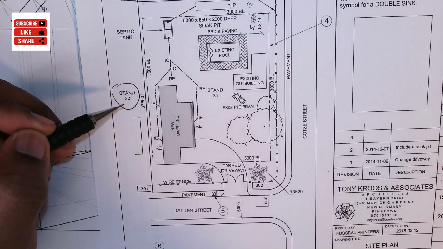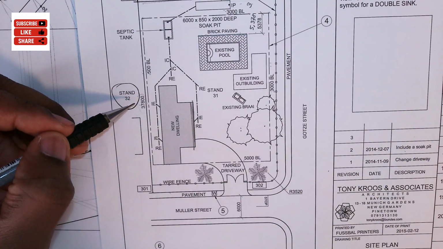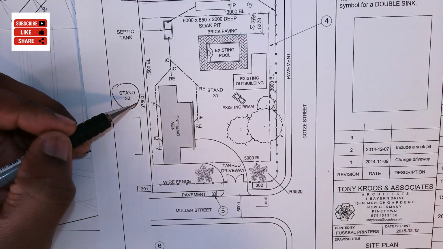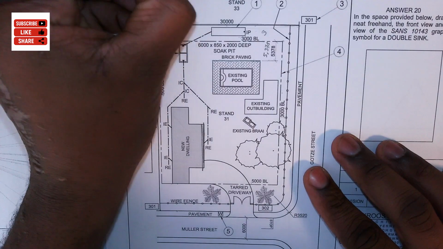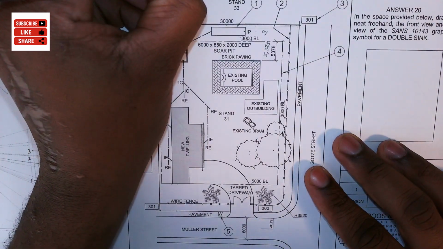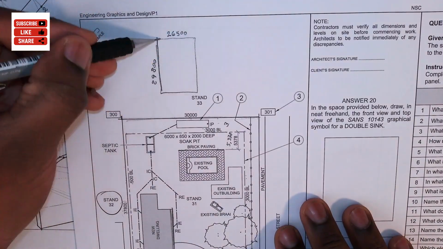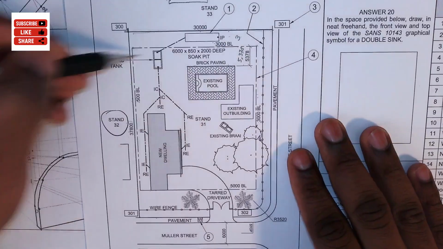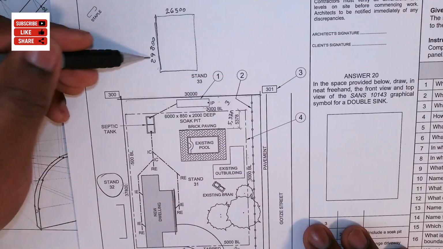So it's 37,800 minus 8,000, which is 29,800. All right, so now we are sorted. We have the width and the length of the building area. I hope you understand how I got these numbers.